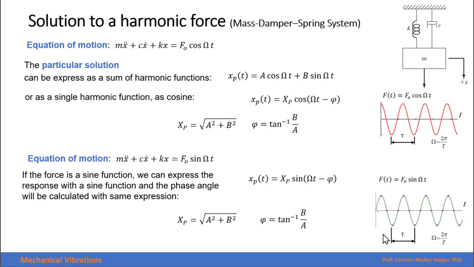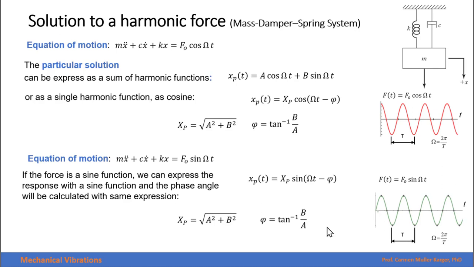If we have a sinusoidal function as my excitation force, I would like to express the response in terms of a sine function, and the values for the amplitude and the phase angle will be exactly the same.